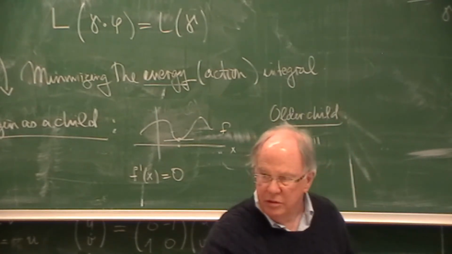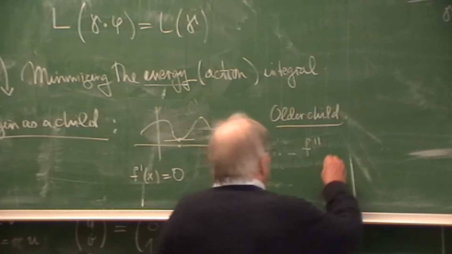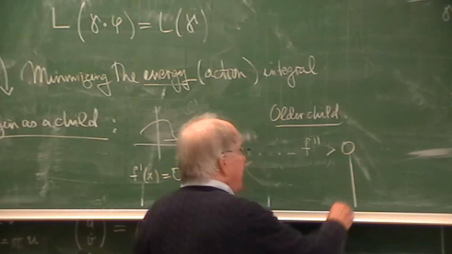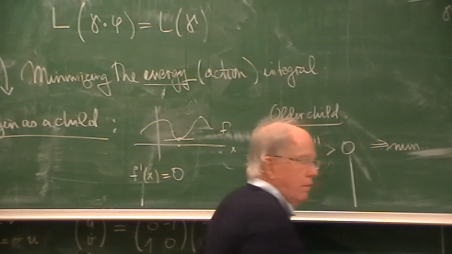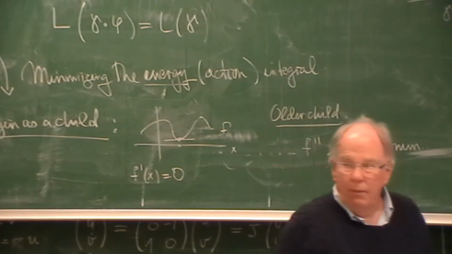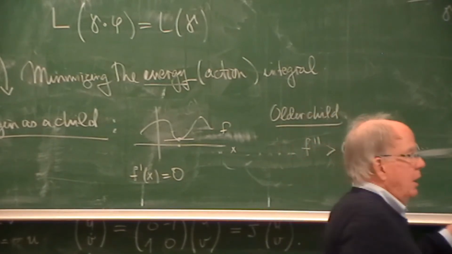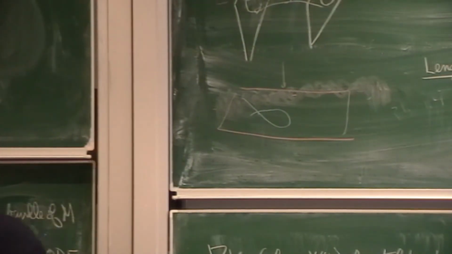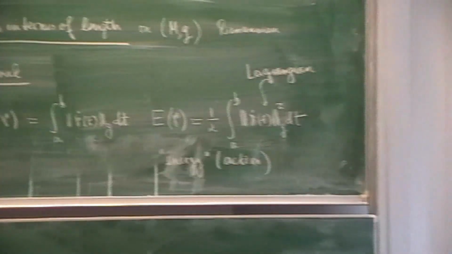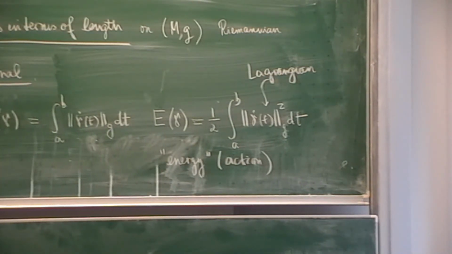But you write down the Taylor series to second order, you get that. And if you know that this thing is positive, then that means a minimum. We will not do the second derivative test here, but in fact, you can do it. We only need the first derivative here.